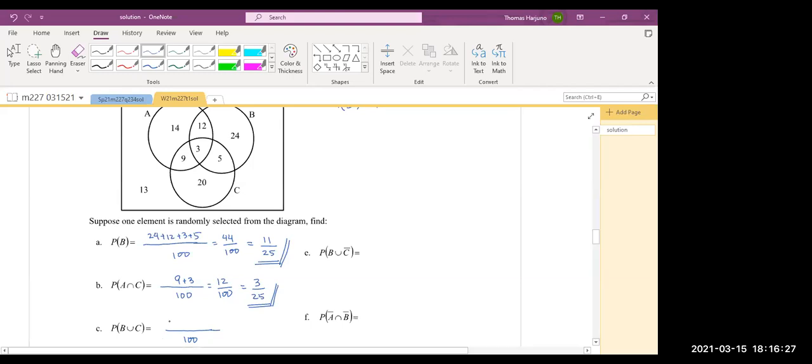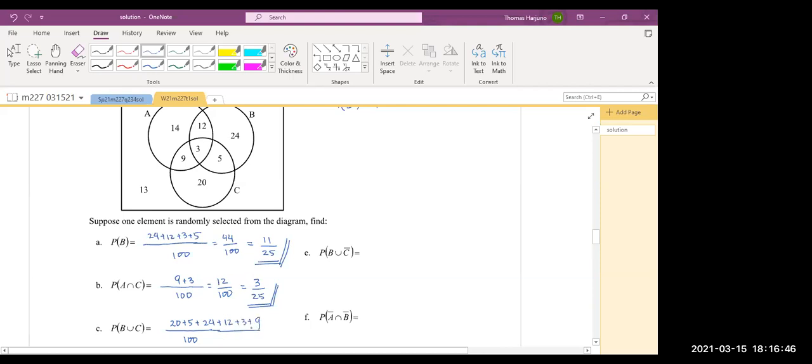It's going to be, what is it? 24, 12, 3, and 9.